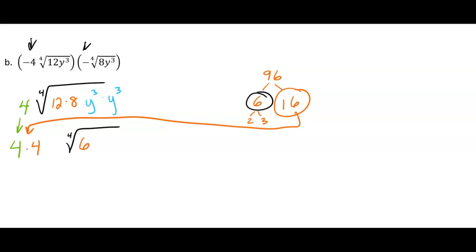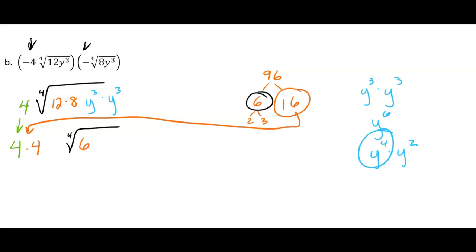All right. Now, what about the y to the 3rd power? Well, what is y to the 3rd times y to the 3rd? Well, that's going to be y to the 6th. So I'm trying to get a group of 4 out, right? So that's y to the 4th times y squared.